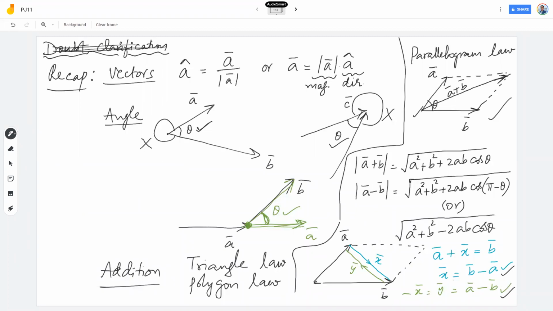Basically, I think we have seen this, and we also saw resolution of vectors, components, and all that.